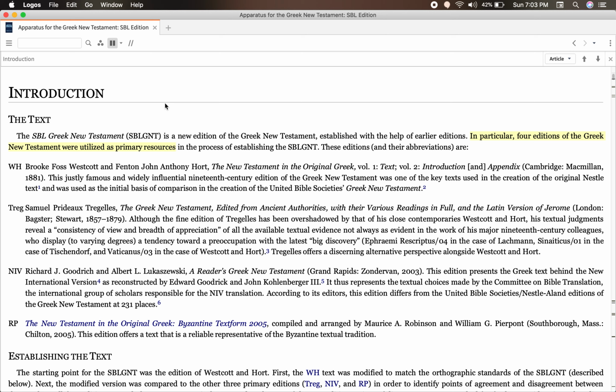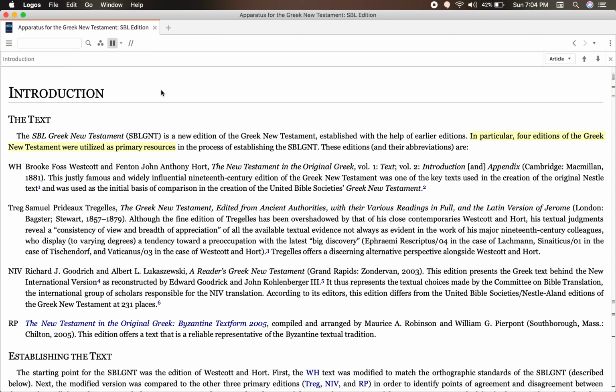And so what apparatuses will do is they will take a single critical edition, such as the NA28 or the UBS 5th edition, or in this case the SBLGNT, and they'll compare all of the other manuscripts to that particular edition. That will be known as the base text. Now you might be asking yourself, what is a critical edition?